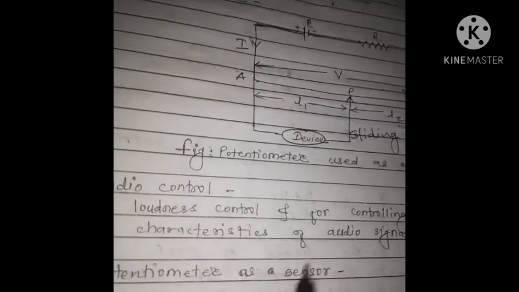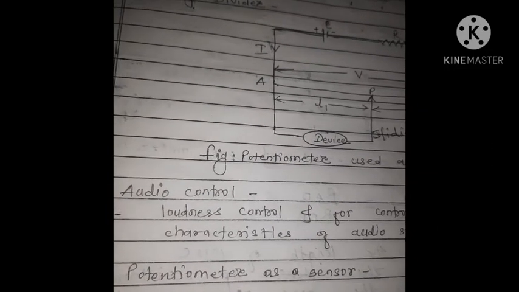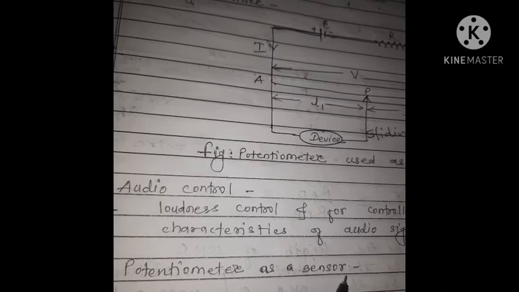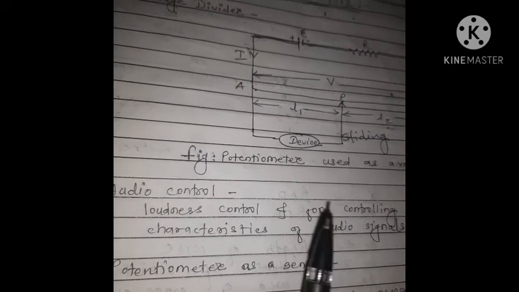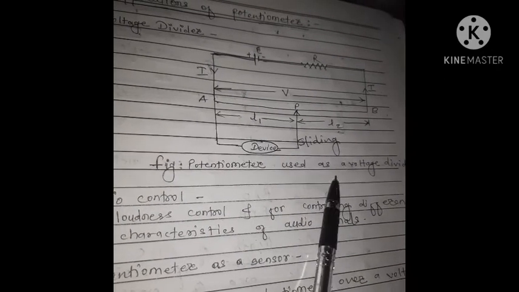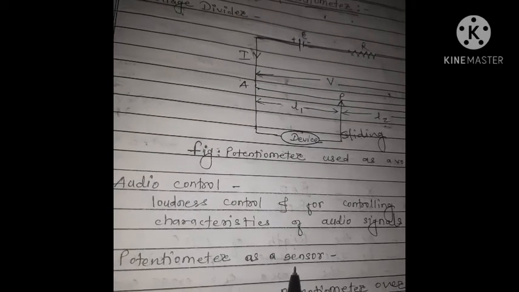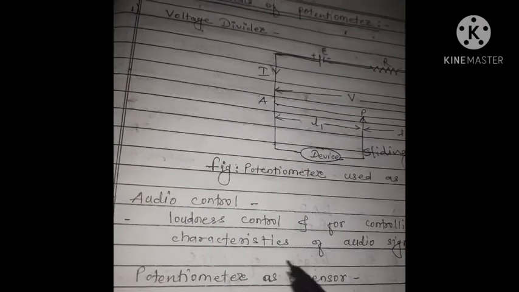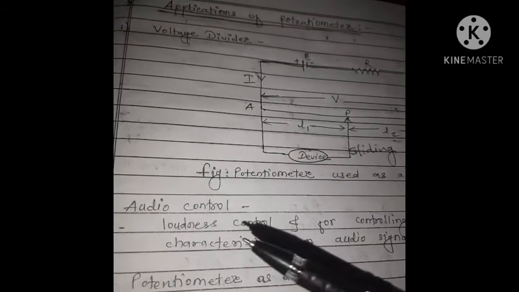And the third application of potentiometer is as a sensor. This sliding potentiometer or pointer is used in a sensor. Thus, these were some applications of potentiometer.